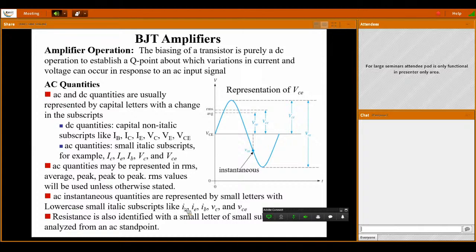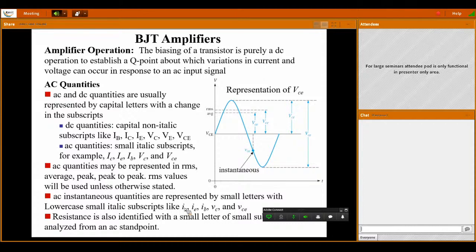So IB means base current, IC is the collector current, IE is the DC emitter current, VC is the collector voltage, and VE is the emitter voltage. VCE is collector to emitter, and VBE is base to emitter. These are due to the applied DC analysis, so they represent the DC quantities.